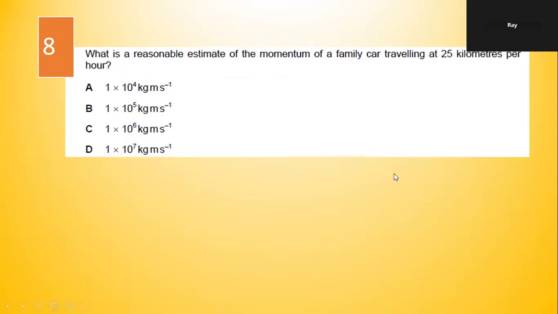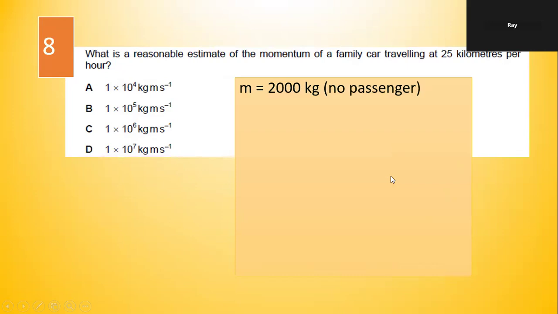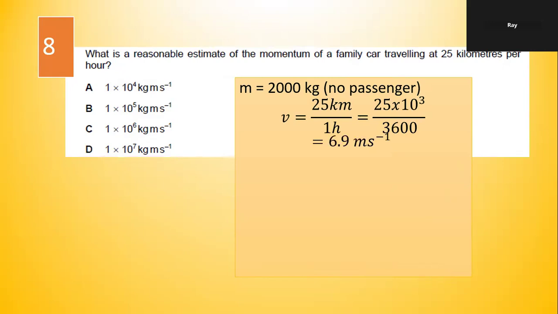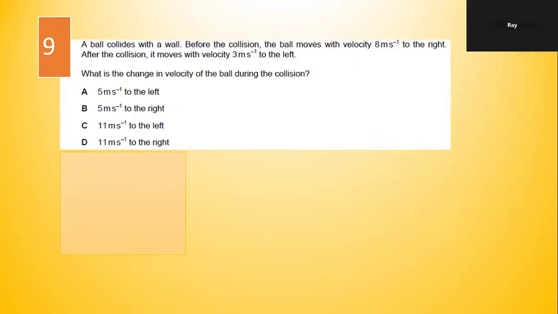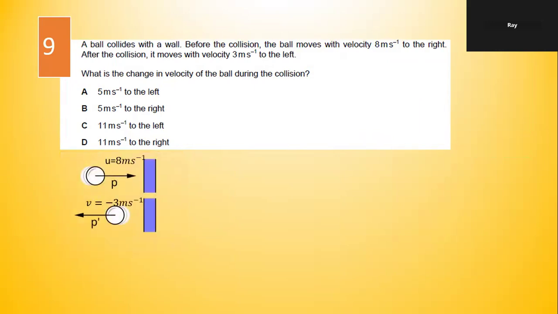Okay, how about here? A. Estimate of no passenger, 2000 kilogram. If you can remember it, good. If cannot, calculate, like me, I cannot remember, I calculate out. A, okay, good. How about this one? What is happening?